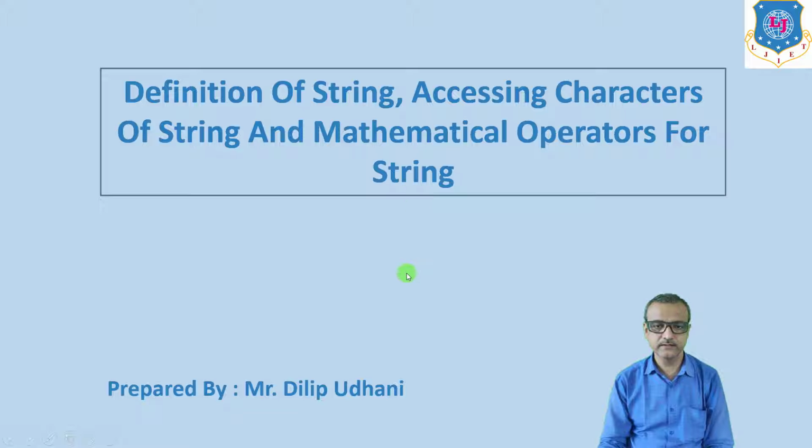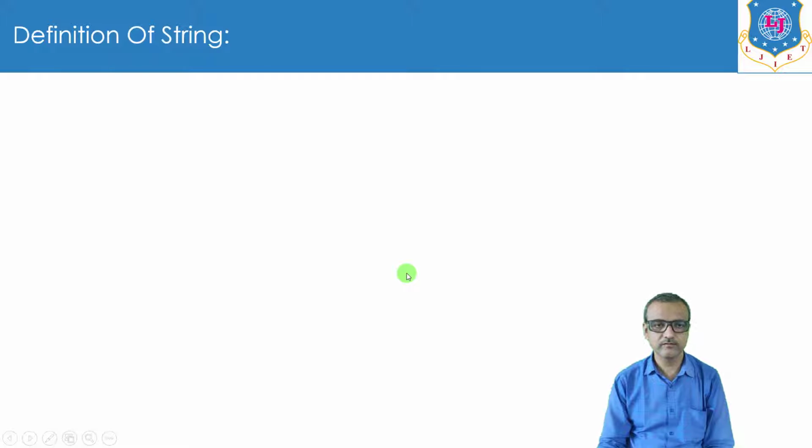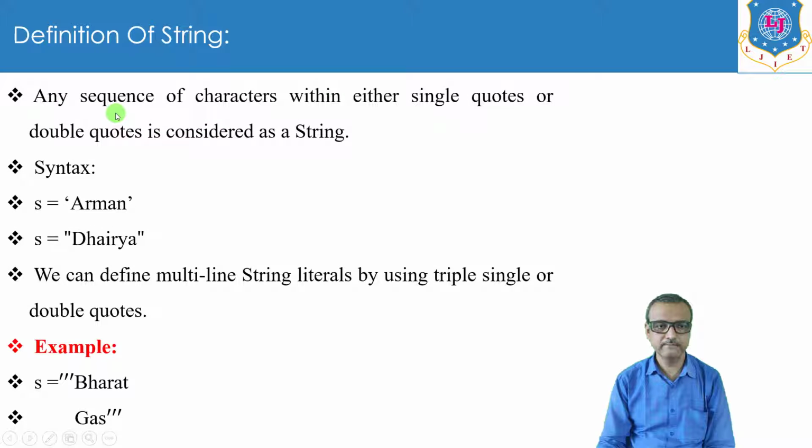So let's start. First of all, we will see what is a string, that is, the definition of string. Any sequence of characters within either single quotes or double quotes is considered a string. Here the syntax of the string is S = 'Arman'.